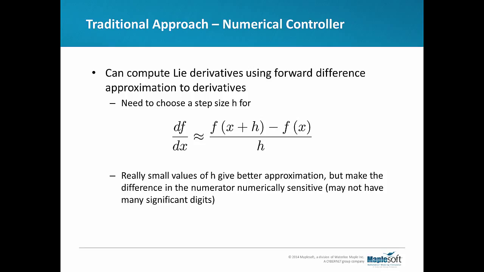So most of the significant digits in f are going to cancel, and you get something that's numerically unstable. It's also a hard engineering question: what's a good size for h? I've seen some analyses where people can find an optimal value for h, but when you get into a complicated system where your f has elements with different units, so they could be of very different magnitudes, it gets really tricky to do that.